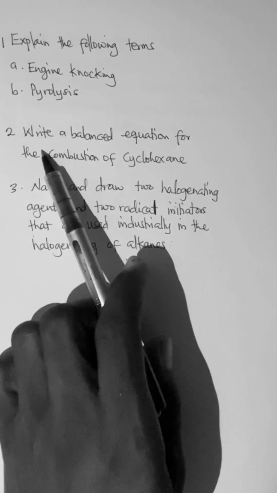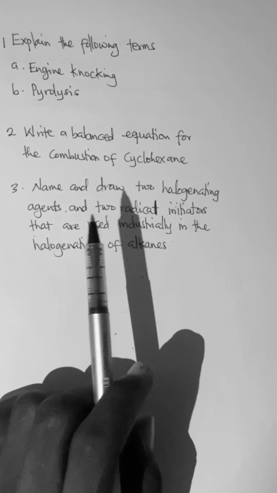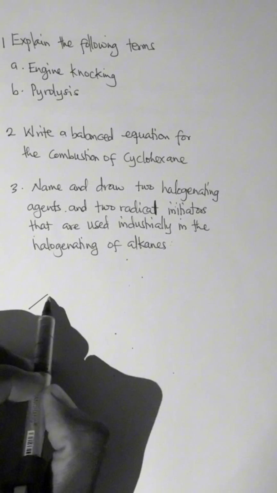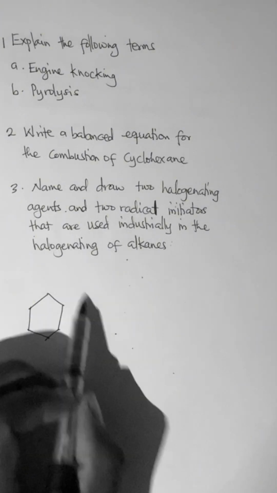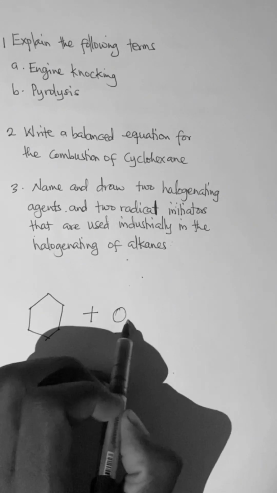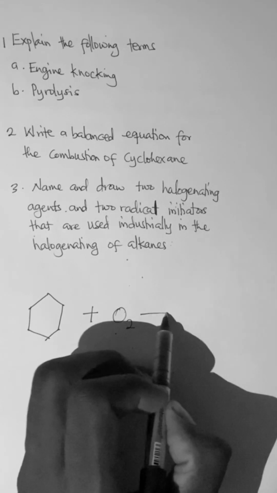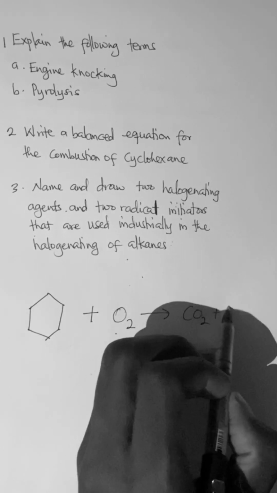Then the second part, he says that we should write a balanced equation for the combustion of cyclohexane. So for example, let's assume this is cyclohexane. For combustion, we need to use oxygen. And anytime you do combustion, the end products are carbon dioxide and water.